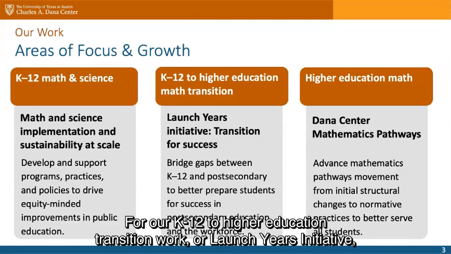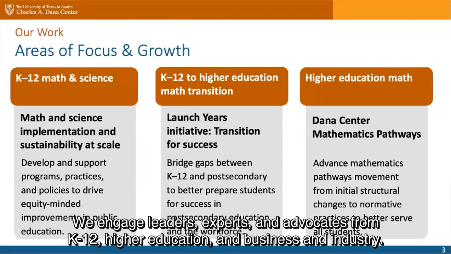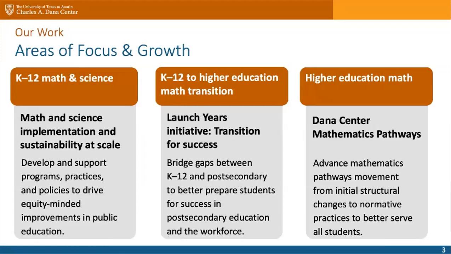For our K-12 to higher education transition, or our Launchers initiative, we focus on reimagining math education from critical junior year of high school into the first year of post-secondary, and engage leaders, experts, and advocates from K-12, higher education, and business and industry.